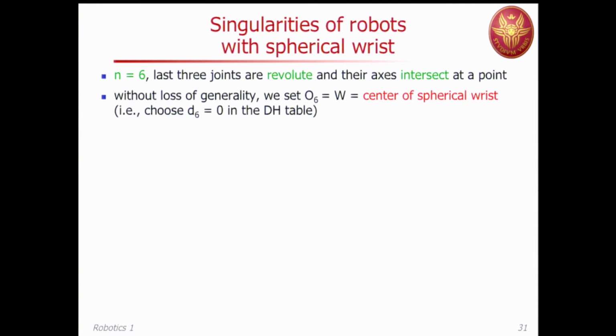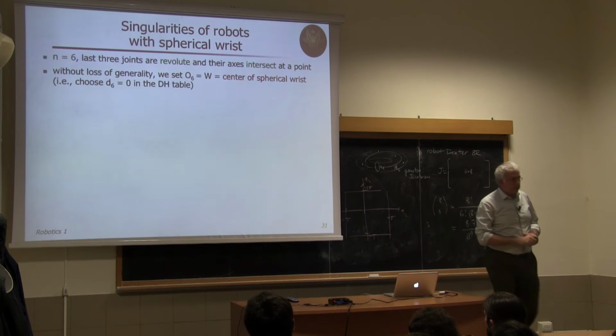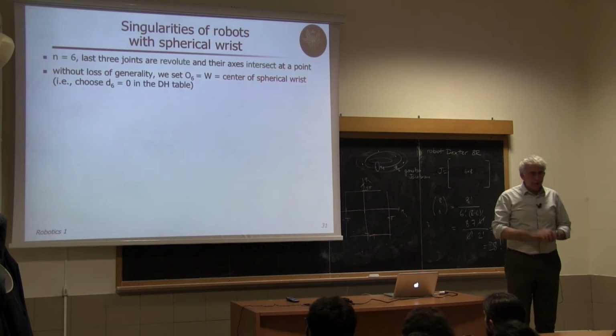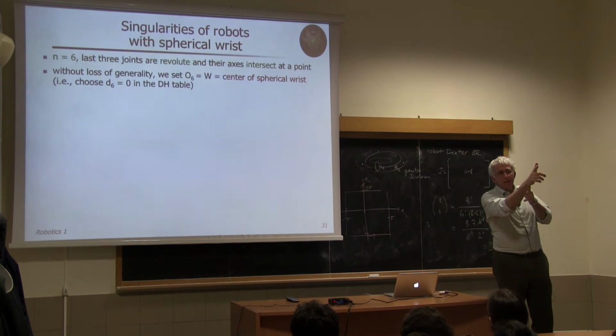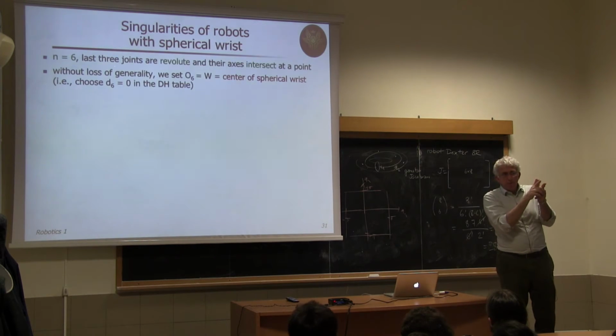So you have seen that you can always redefine the origin of frame 6 in those cases by bringing the origin to the center of the wrist. You just zero the Denavit-Hartenberg parameter d6. So you're not considering something outside the wrist center, but you bring this to the center of the wrist.